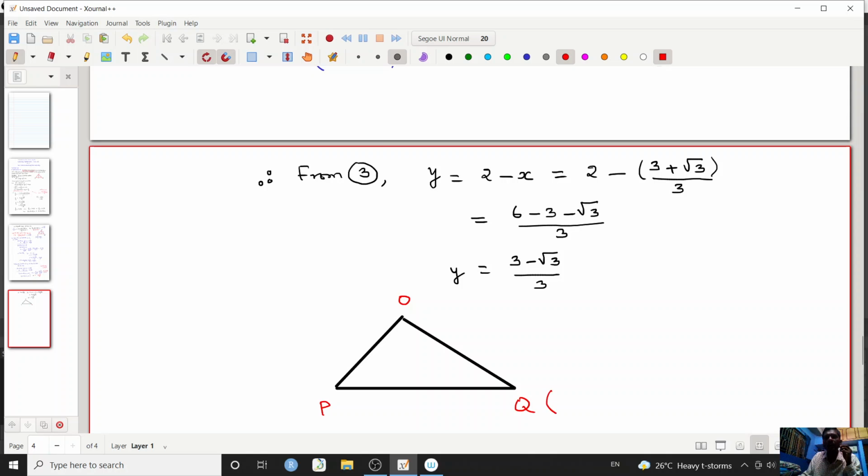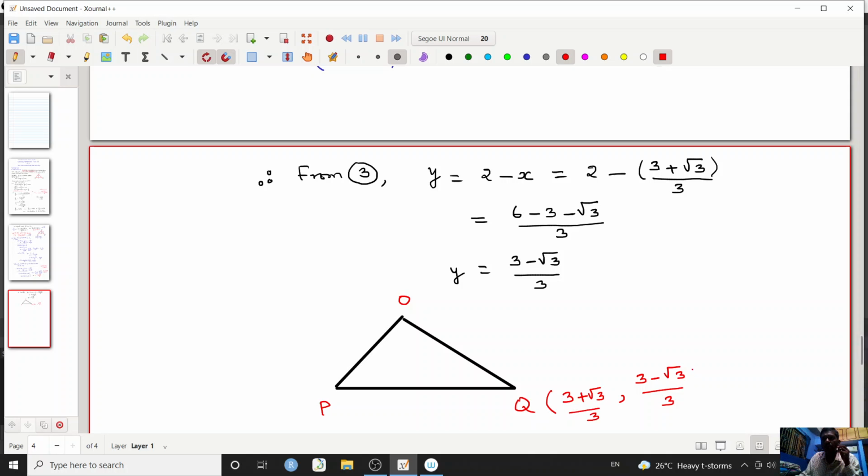the coordinates of Q just now we have found out. This is 3 minus root 3 upon 3, the y coordinate. How about the x coordinate? The x coordinate is 3 plus root 3 upon 3.